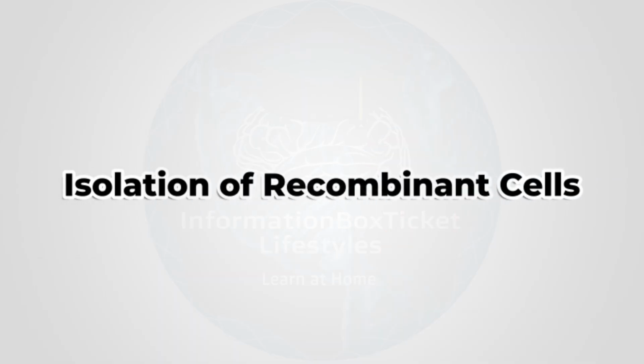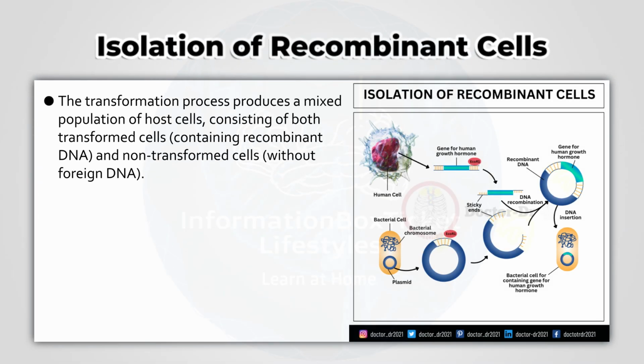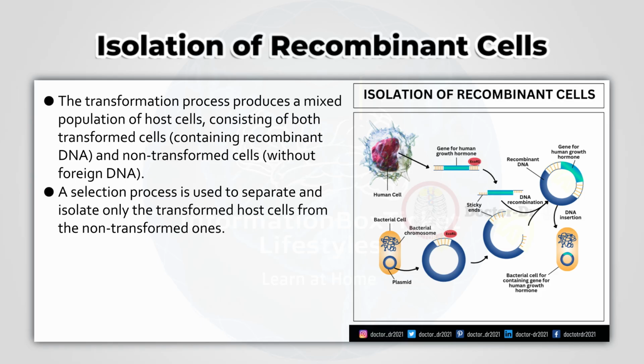Isolation of recombinant cells. The transformation process produces a mixed population of host cells, consisting of both transformed cells containing recombinant DNA and non-transformed cells without foreign DNA. A selection process is used to separate and isolate only the transformed host cells from the non-transformed ones.